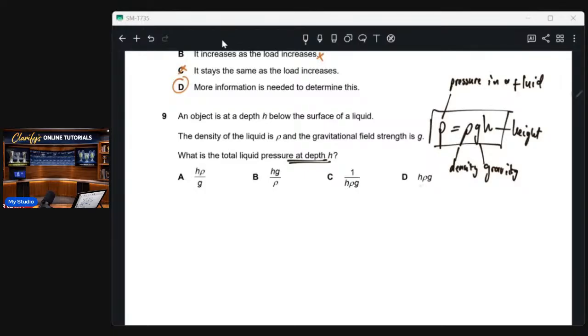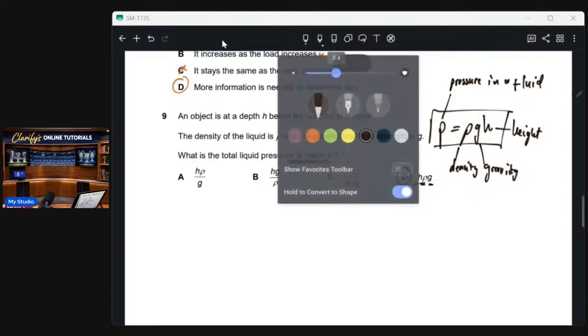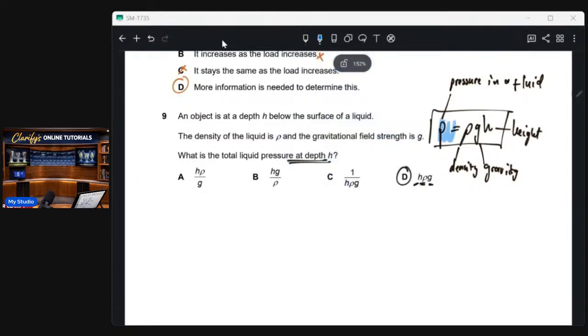Here you can see rho, you can see g, you can see h. That's the total pressure, so it's D. It's D. Rho g h, h rho g, it's the same thing. They are multiplying each other. So don't forget that, students. Do not let me down. Pressure in a fluid, this becomes the formula. Of course, we will summarize all the formulas for chapter 1 for everybody who may need them.